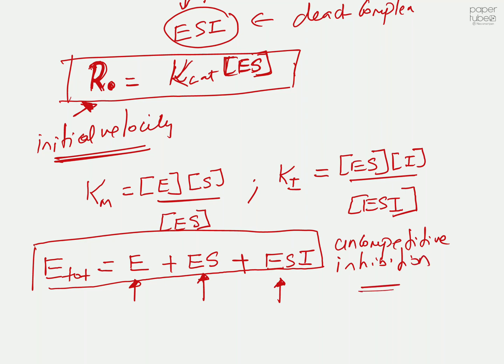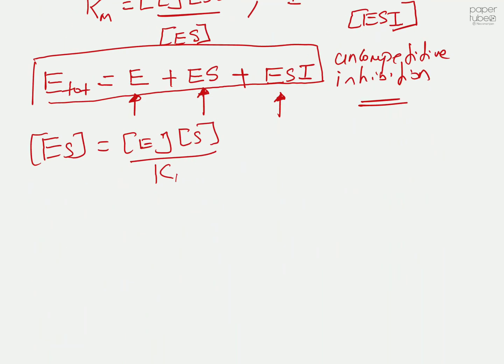So far good. So what we are going to do now is calculate the rate of the reaction. So let's try to do that. We know what is ES. Let's rewrite: enzyme substrate complex is equal to enzyme substrate divided by Km, and likewise enzyme substrate inhibitor complex.